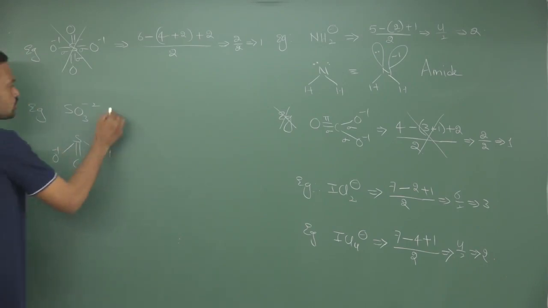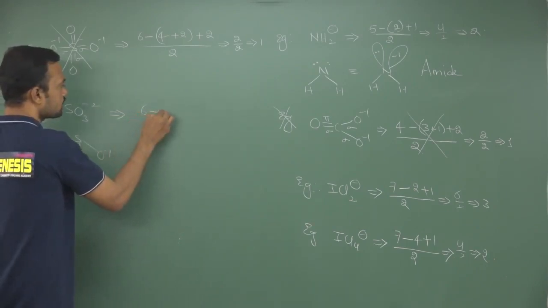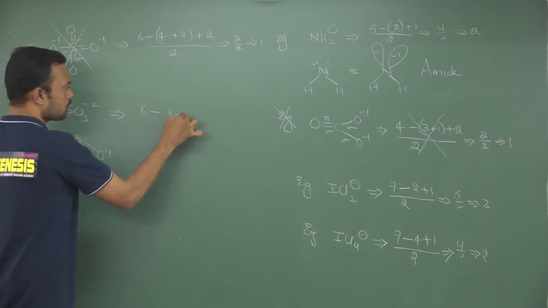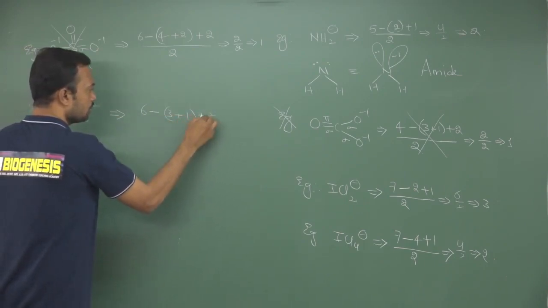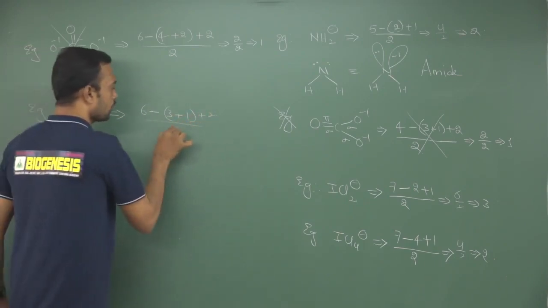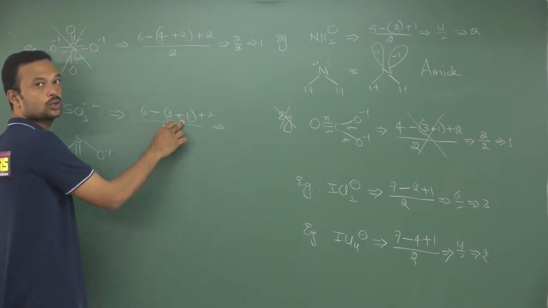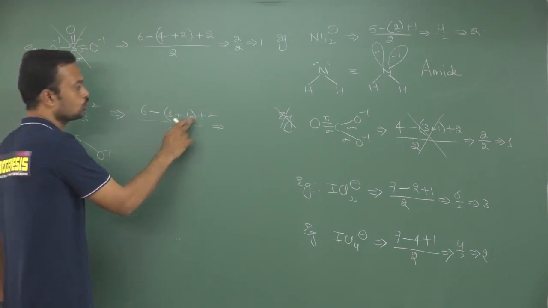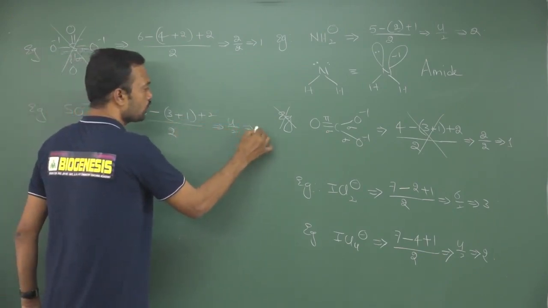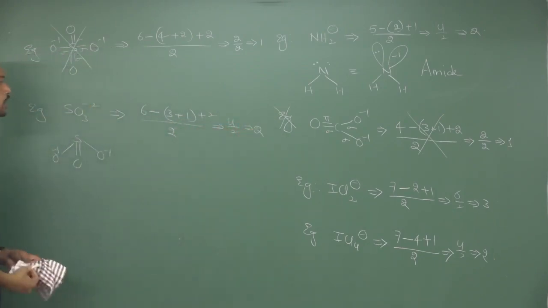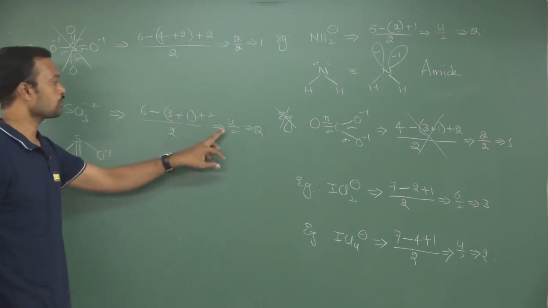This is the actual structure of this molecule. So group number is 6, and here 3 sigmas are present, 1 pi bond is present, and here add 2 electrons, plus 2 divided by 2. Okay. So in this case, see, 6 minus 4, so 2, 2 plus 2, 4. So 4 by 2, here you will get 2, but actually you won't get 2 lone pairs of electrons.